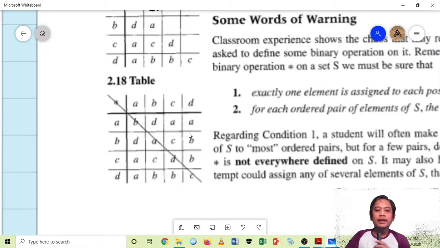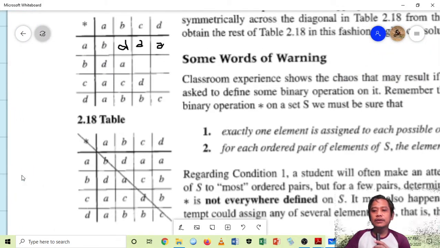So that would be commutative operations in tables.